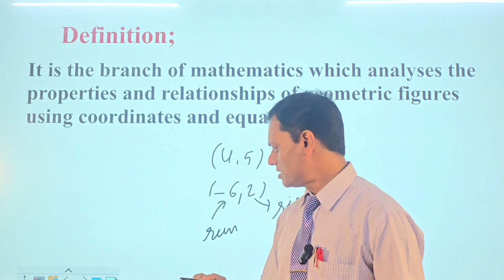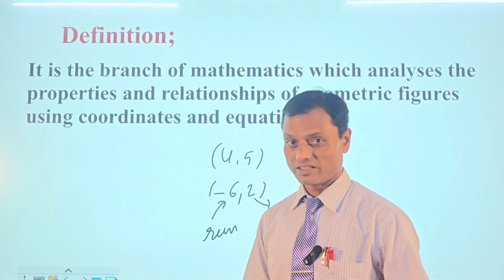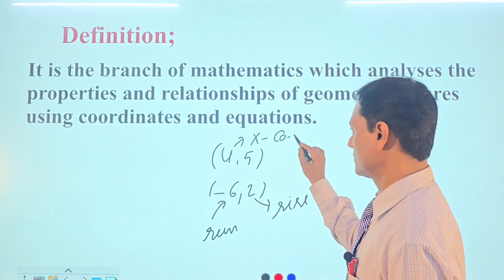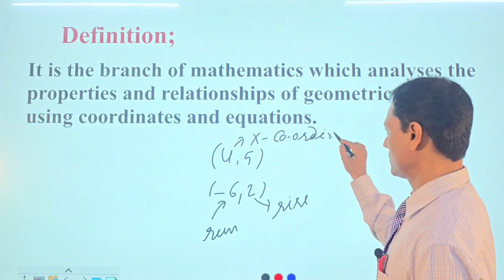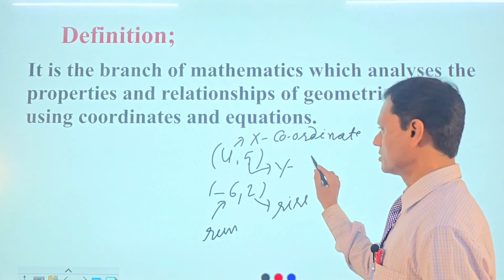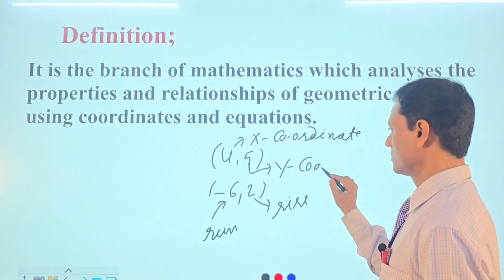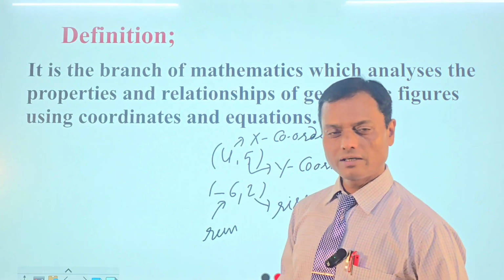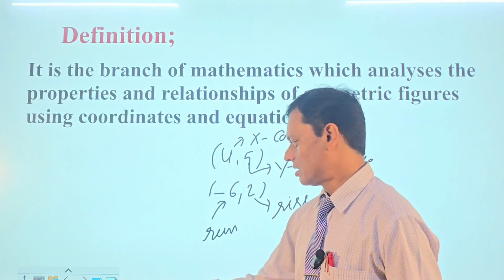Run also means x coordinate, so don't forget that this is your x coordinate, and this 5 is known as the y coordinate. So x coordinate and y coordinate, right?